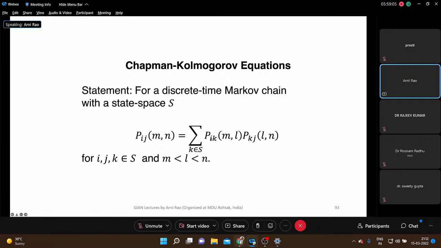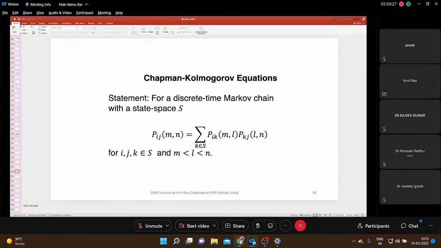The notation you just learned: X suffix m means the random variable at time m reached state i, and the random variable X_l is equal to k.